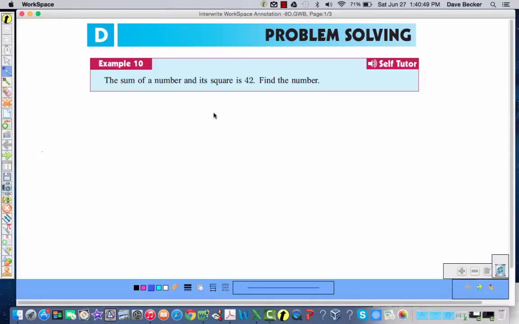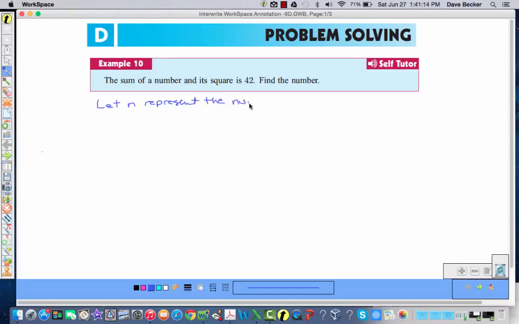So, the sum of a number and its square is 42. Find the number. If you're ever stuck, I will say this. Even if you're not stuck, you should make this statement. Let your favorite variable, n, I'm going to use, represent the number.